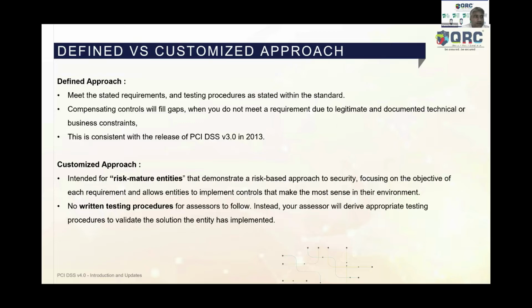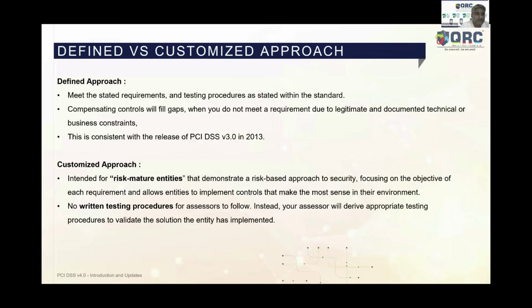Sometimes, for some testing procedures you cannot take samples. For example, an up-to-date network diagram, because it is not a sampling, right? There are roles and responsibilities, and certain requirements where you cannot take samples, but depending on the testing procedures or the type of requirement, you can choose the sample.